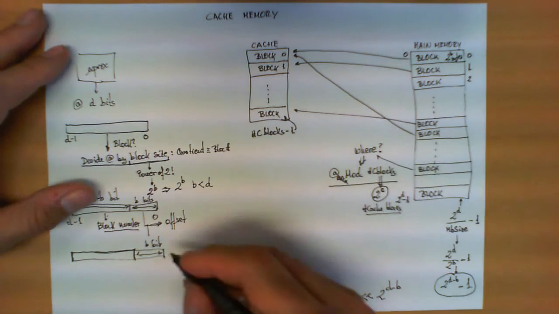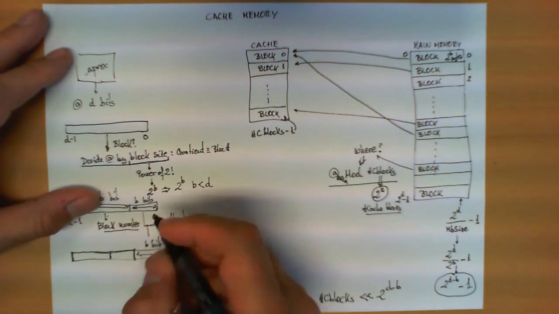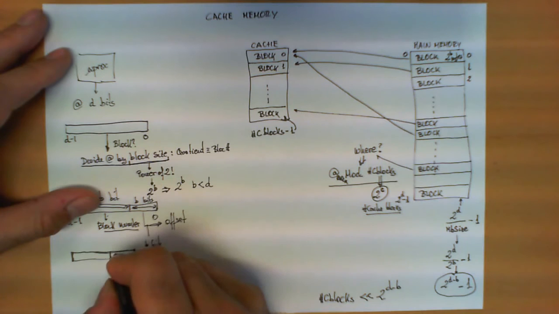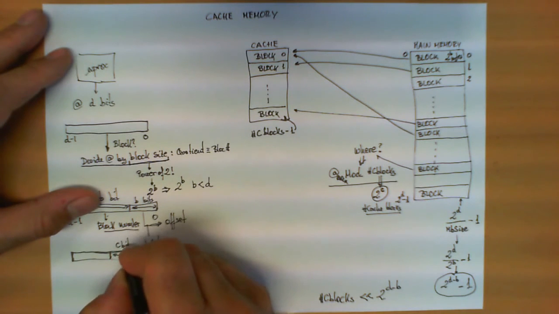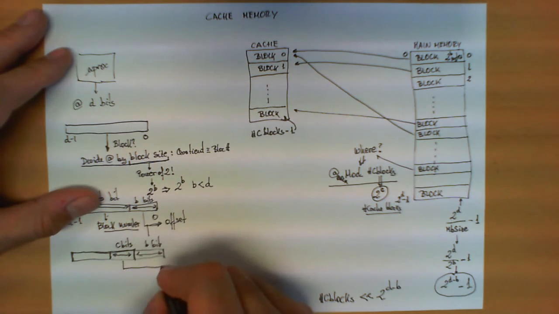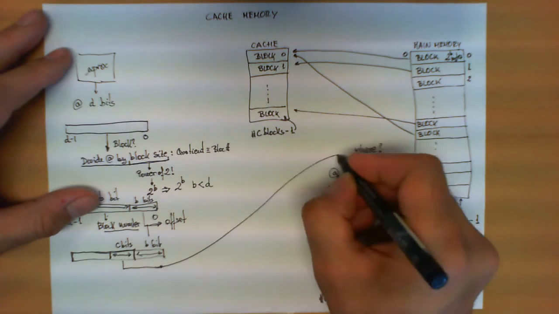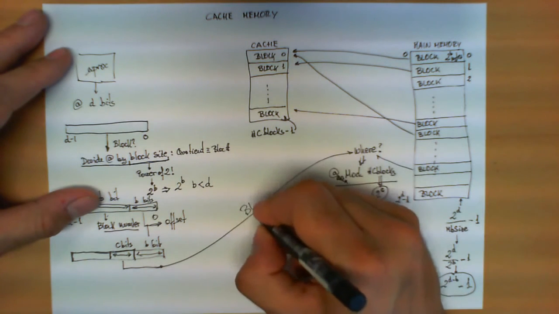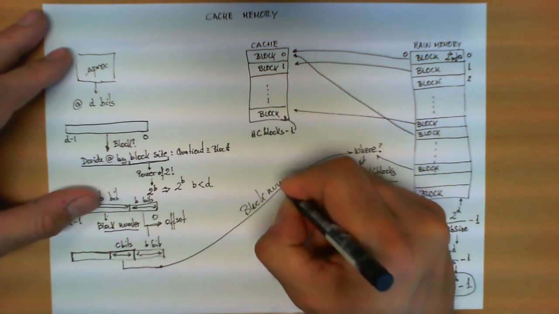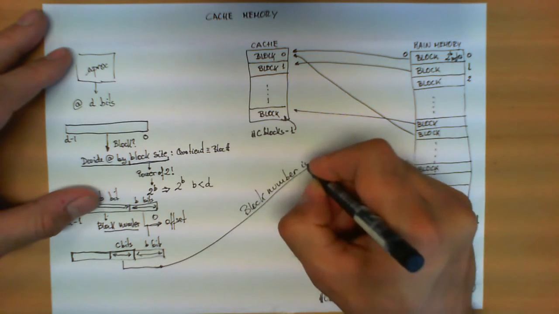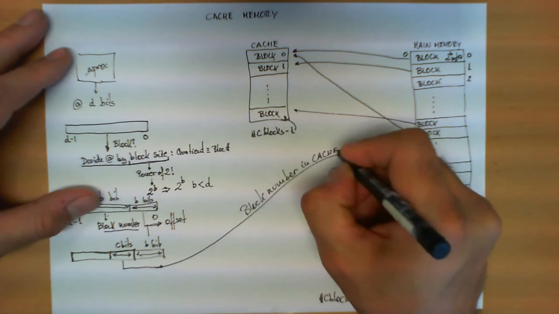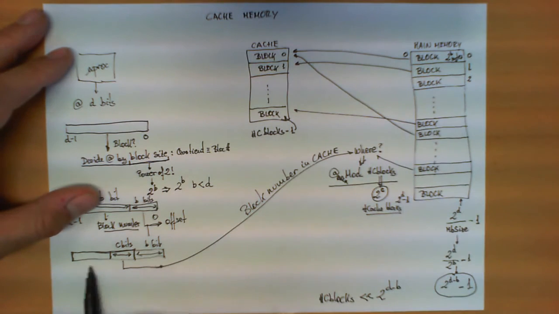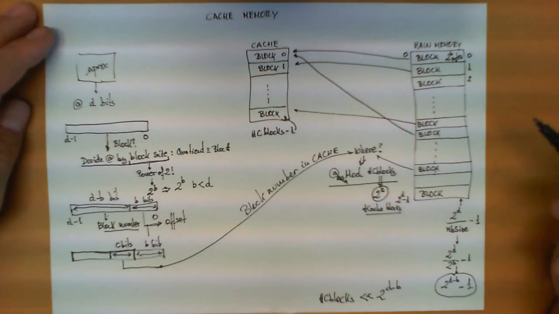Modulo 2 to the c is very easy on a binary number because what I end up doing is taking these bits over here, which are c bits, and this directly gives me the answer to this question, providing me the block number in cache that should be used to store the block derived from this address.